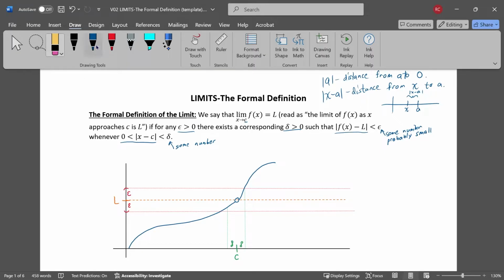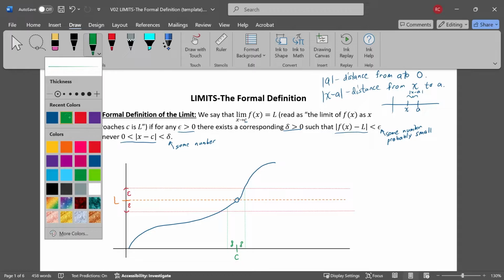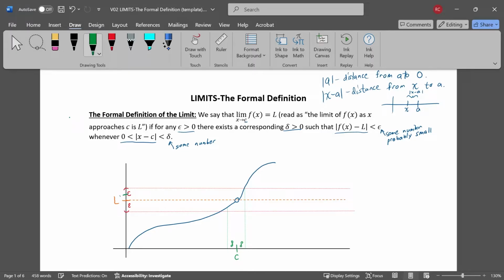So let me illustrate. So let's say I pick a second epsilon here. We'll call it epsilon-2. So it's just this smaller distance. So if I just draw my little lines over here just to keep track of those y values, I end up here. And here.